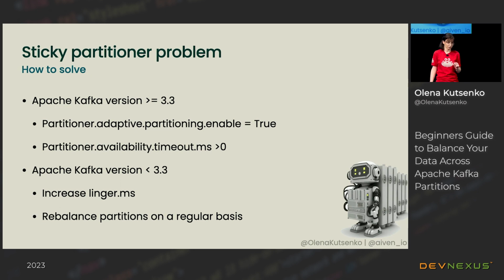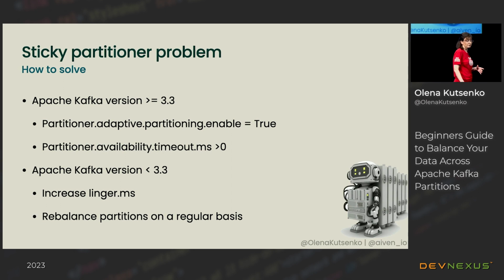So you can set that to true. You can also set the availability timeout. If you set it bigger than 0, then the partitioner will wait for that time, and if the broker doesn't reply within that timeout, it will be assumed that the broker is not available. If it's set to 0, this setting is disabled.